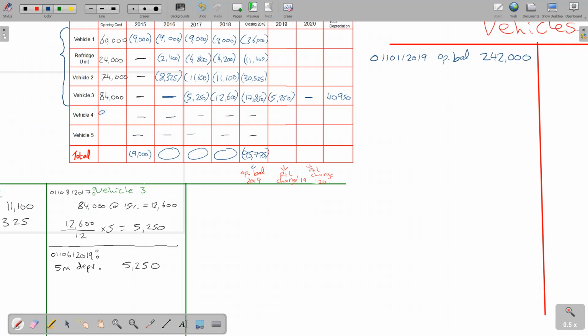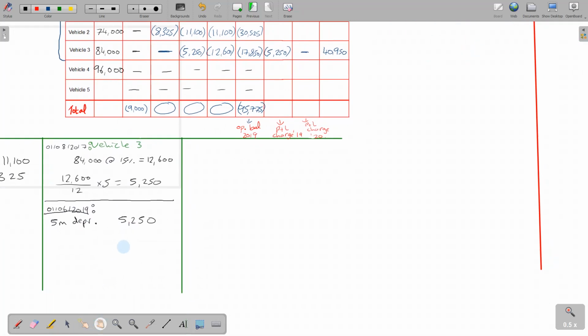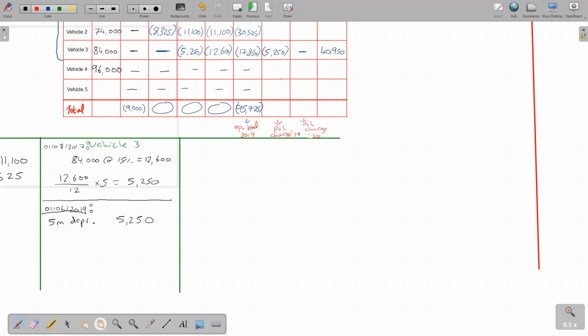There could be 96,000 in here. And if we bought it on the 1st of the 6th, 2019, so that would be vehicle, I'll just call this disposal 1.